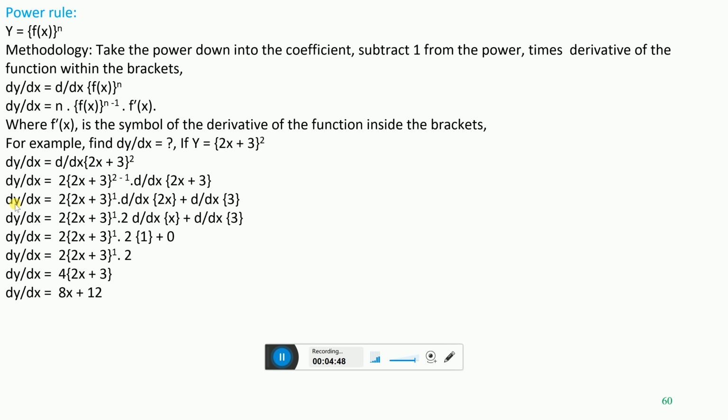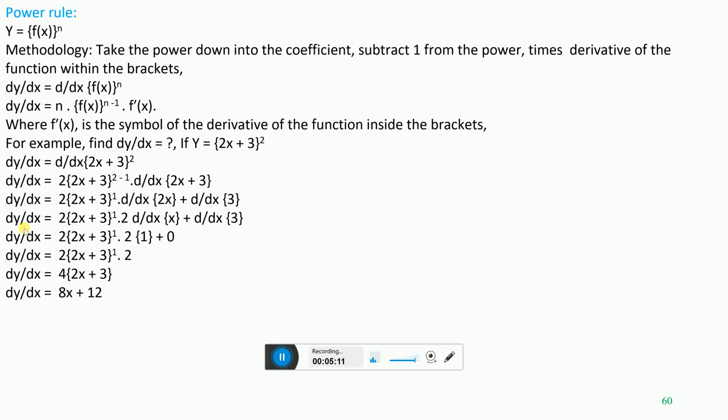So this is the difference between the simple power rule and the little modified power rule. Now in the next step, dy over dx is equal to 2 times 2x plus 3 raised to 2 minus 1, times we will apply the derivative on the first term 2x plus we will apply the derivative on the second term 3. We studied the sum rule, that we will apply the derivative individually on each term.